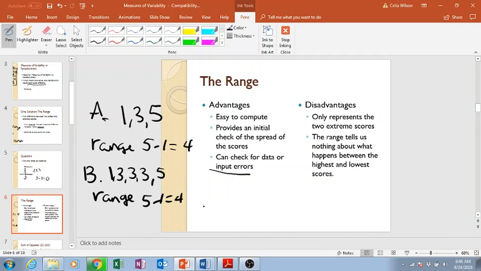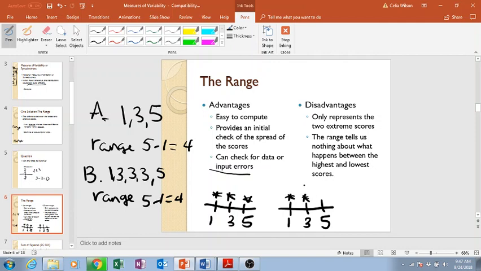All right, but if we're looking at our 2 distributions, set A, I have 1, 3, and 5. And then here I have 1, how many threes? 3 threes, and then 5, right?